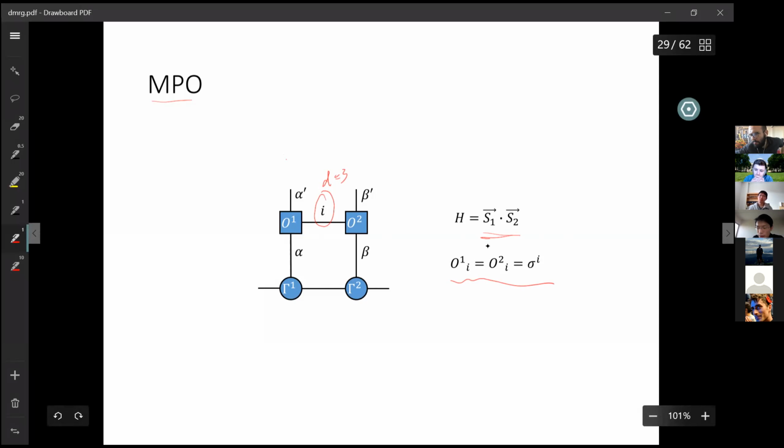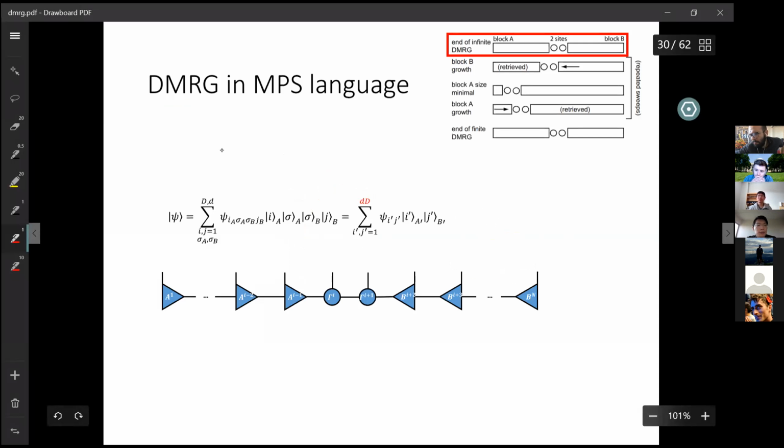Okay. All right. So finally, we can talk about the DMRG in the MPS language. Suppose we start from this step, from a tensor network like this. Let's see what we do in the following iterations. First, the wave function is like this, and we want to ask what object we put in the middle.